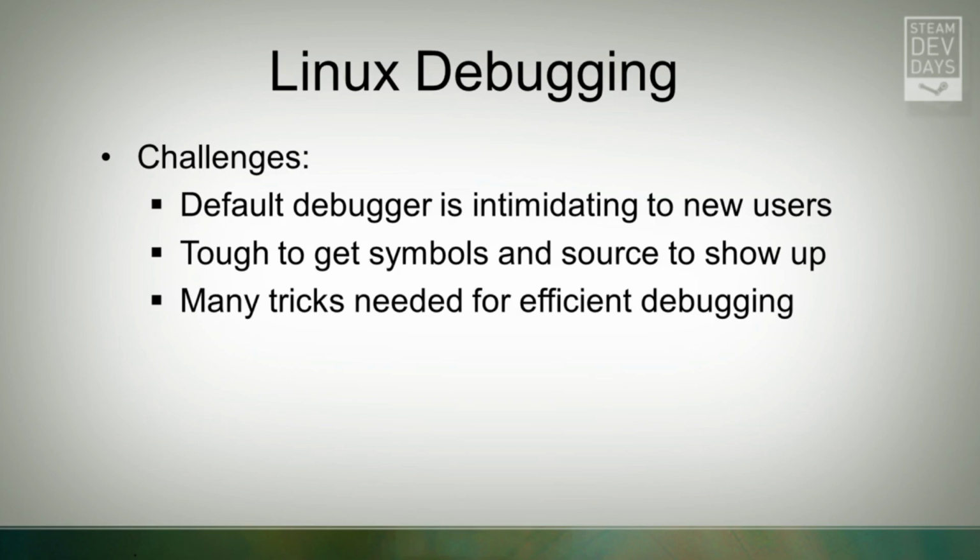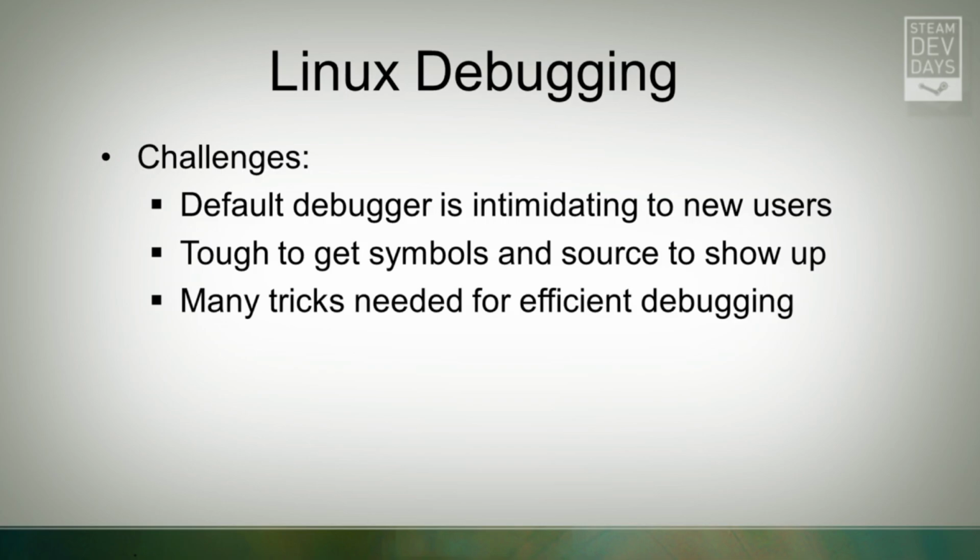The default debugger on Linux is, I would call it, user hostile. There are different opinions. It's certainly intimidating to new users. Very powerful, but intimidating. Little things like getting symbols and source code to show up when you're debugging, well, that takes some work. There are different techniques for doing it, and they're not obvious at first.